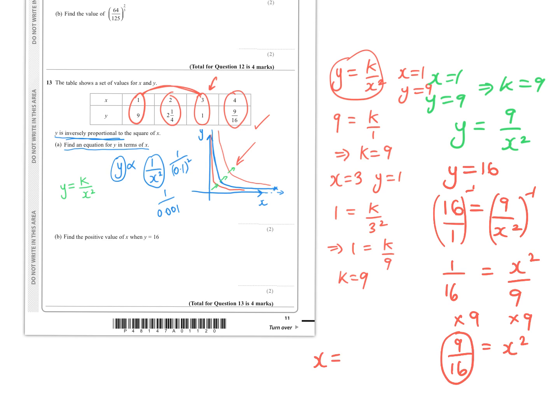Well, you can see that it's 3/4. Because if we did x times x, we'd get 3/4 times 3/4, which would be 9/16. When it says the positive value, there is this possibility, negative 3/4 times negative 3/4, that would also give a positive 9/16. So x is going to be 3/4.